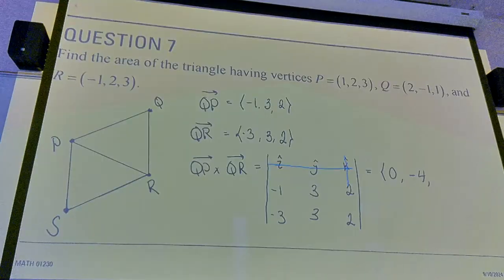Then for the final component, cross out the third column. Negative 1 times 3 minus 3 times negative 3. Negative 3 plus 9. There's your cross product.